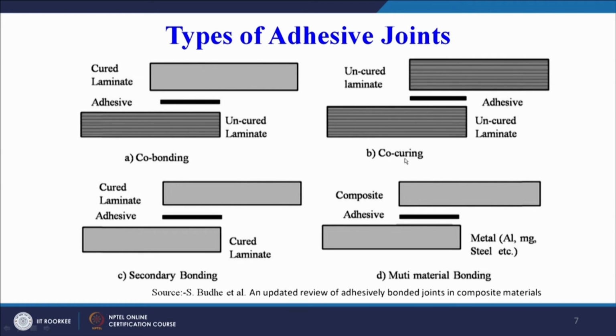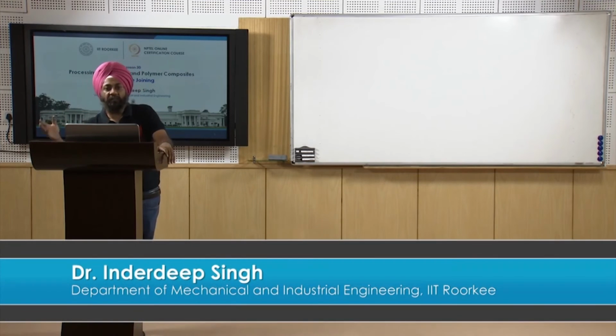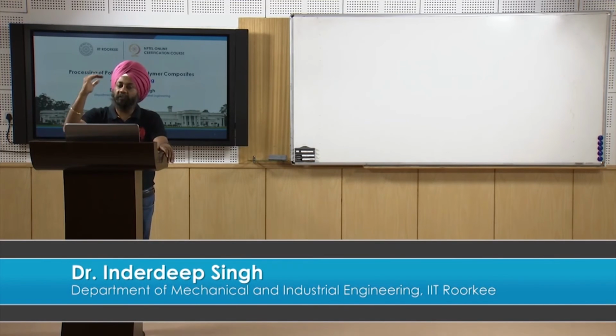Co-curing, both the laminates are uncured, in between adhesive, then you go for the complete curing of the complete assembly, so you get your complete product out of the oven. Then you have secondary bonding in which both the laminates are cured, in between you have the adhesive, and finally multi-material bonding in which one is a composite material, another one is a non-composite material, it can be a metal or a non-metal, in between you have adhesive, and then you make the joint.